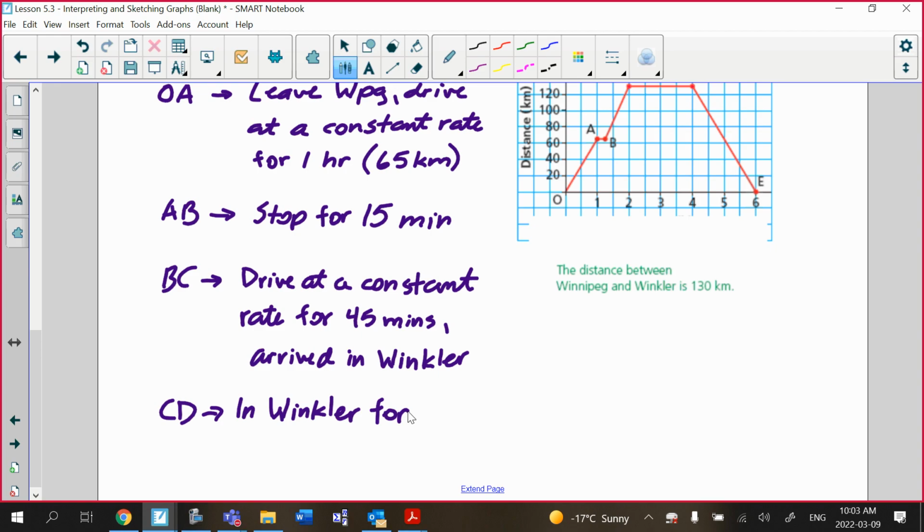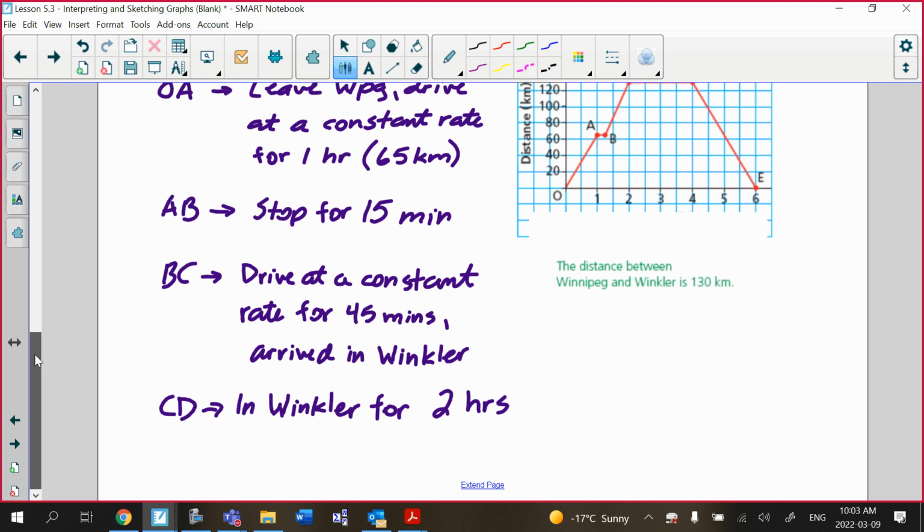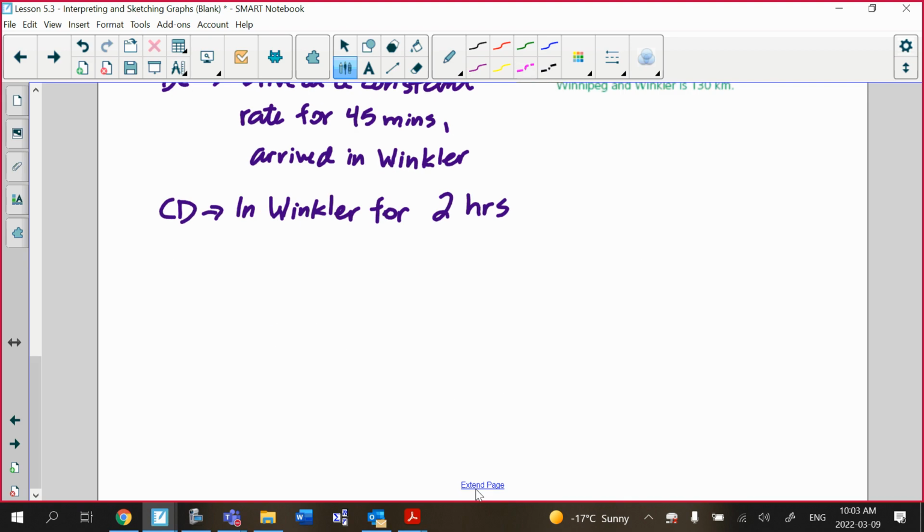And then finally, we leave Winkler. So from D to E, drive back to Winnipeg, because we don't stop this time. Drive back to Winnipeg at a constant rate.